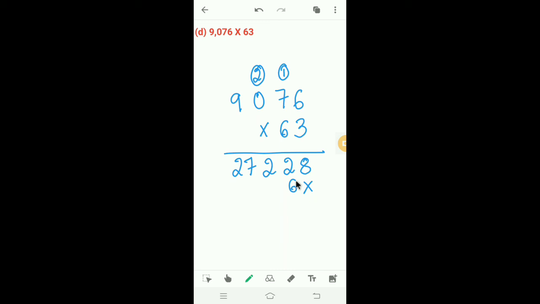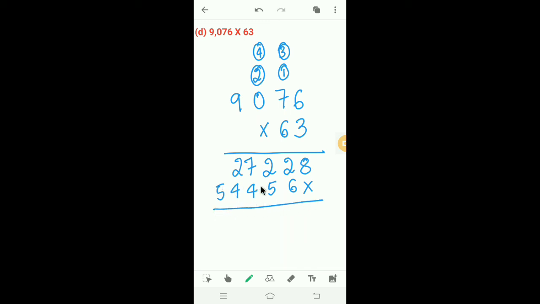So I will write 6 here and 3 carry. 6 sevens are 42. 42 plus 3 is 45. So I will write 5 here and 4 carry. 6 into 0 is 0. 0 plus 4 is 4. 6 nines are 54.